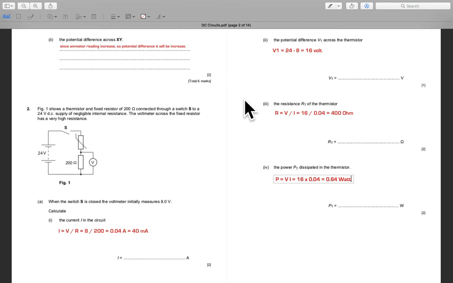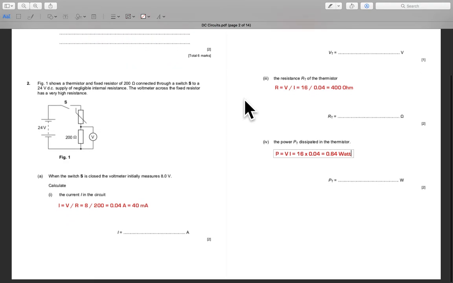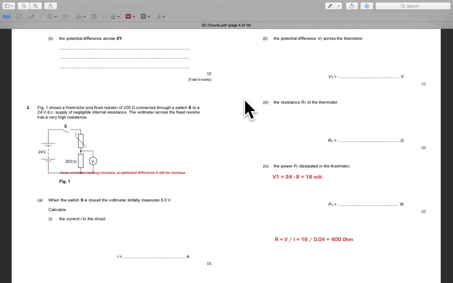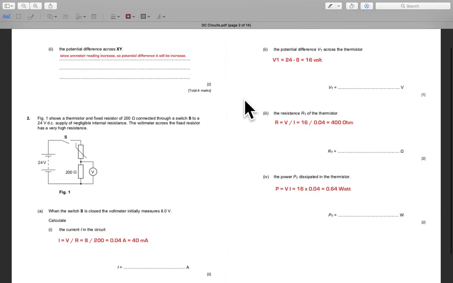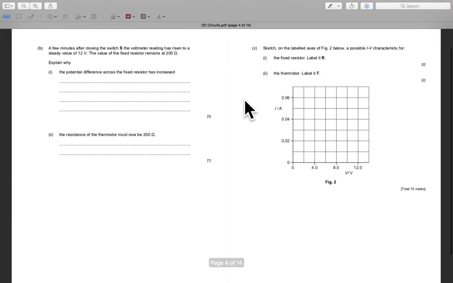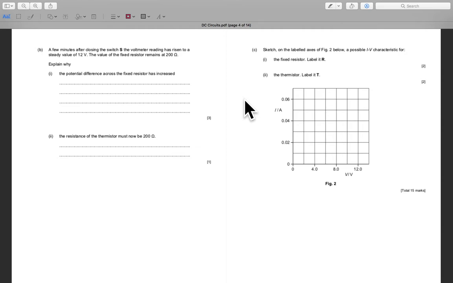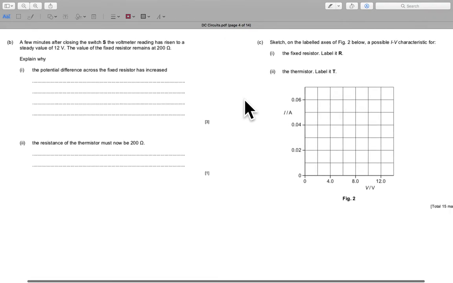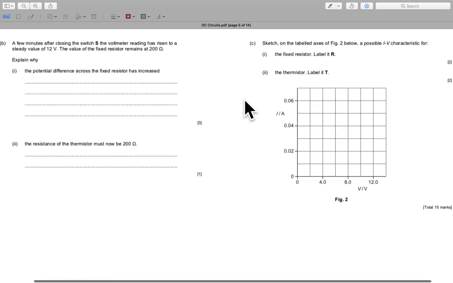Okay, we continue to the next number. We still have B and C. This was A, now about B and C. Let's try to solve this question. If you have any question, let me know.